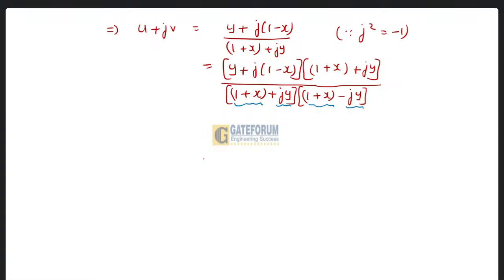First, collect the real part, that is the terms not containing j: y into 1 plus x, and second term into second term, j square value is minus 1, so minus of 1 minus x into y. This is the real part. And y into this term and second term into first term will contain the j term; take j common.